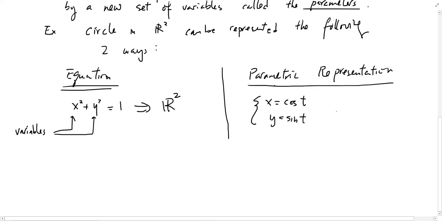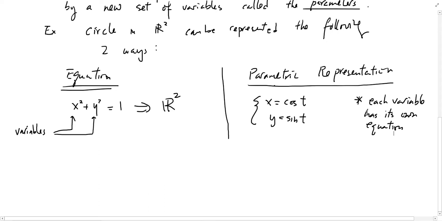And in this case, notice that it is defined by two equations because in parametric representation, each variable has its own equation. Unlike in equation form right here, one equation will relate all the variables together. That's how it works.